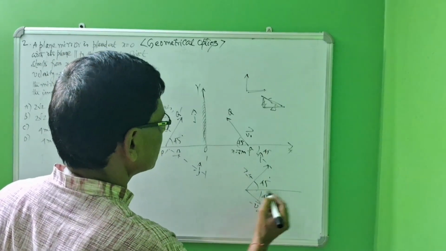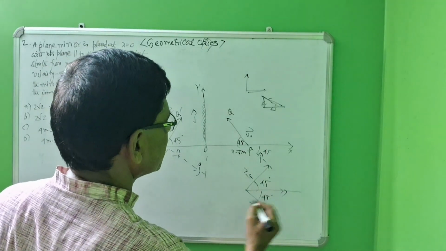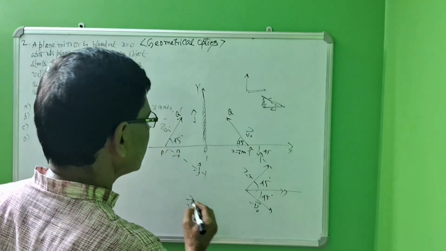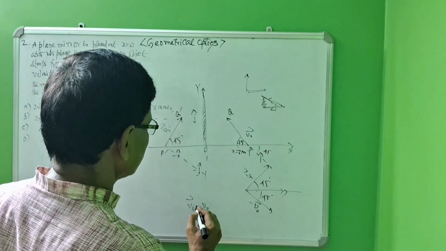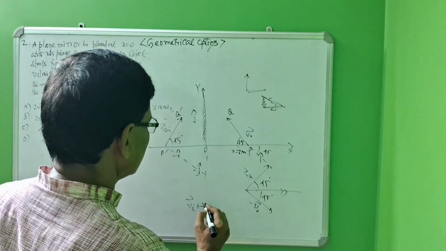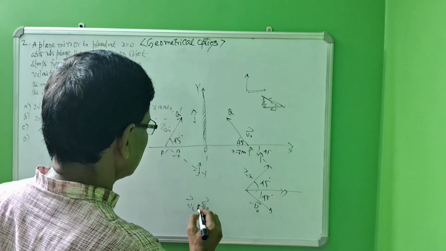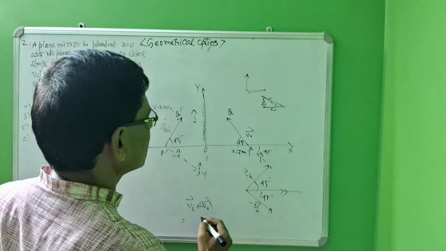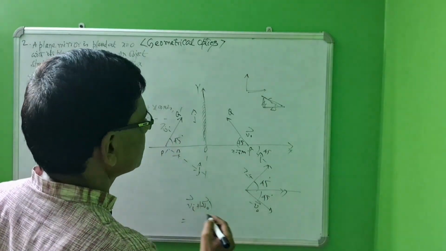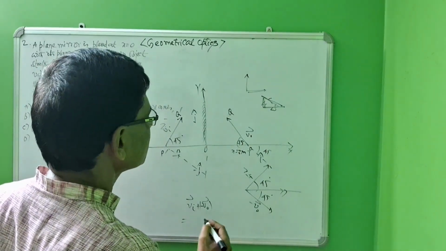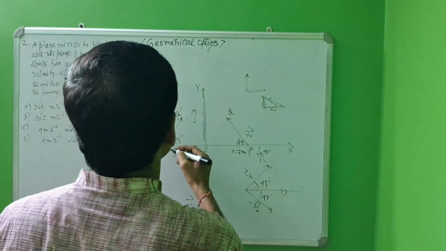So we get the resultant relative velocity as Vi plus or minus Vo equals to... what is this velocity?